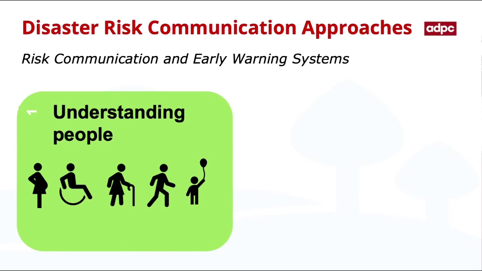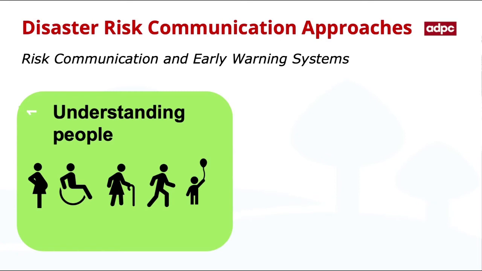Understanding people's demographics, values, beliefs, media consumption patterns, and who they trust is equally critical. This will enable you to choose more appropriate risk communication tools and processes that are more likely to make people consider their options and take action.